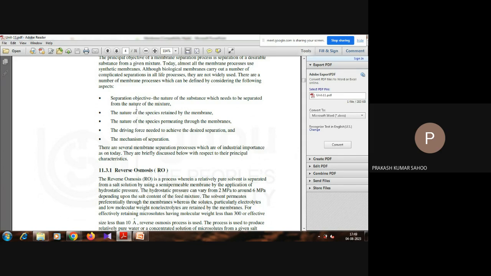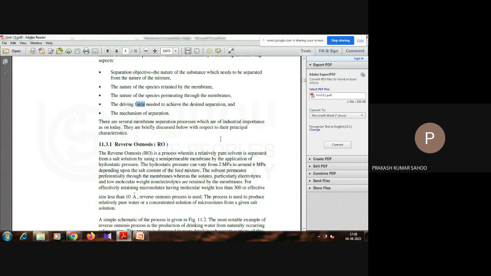So these are the different factors which govern the process of membrane separation.